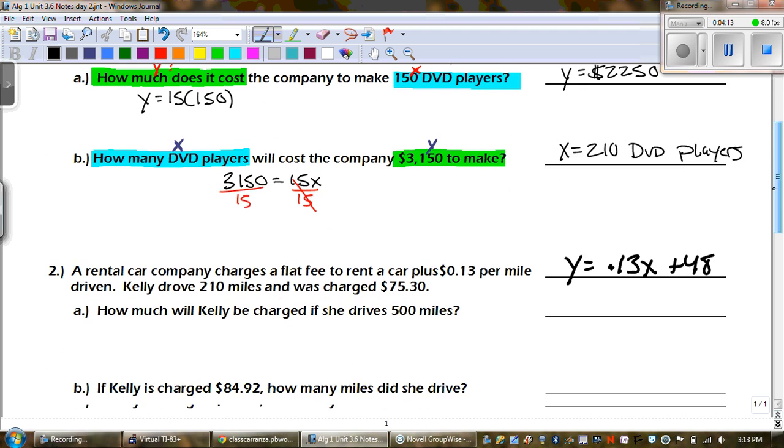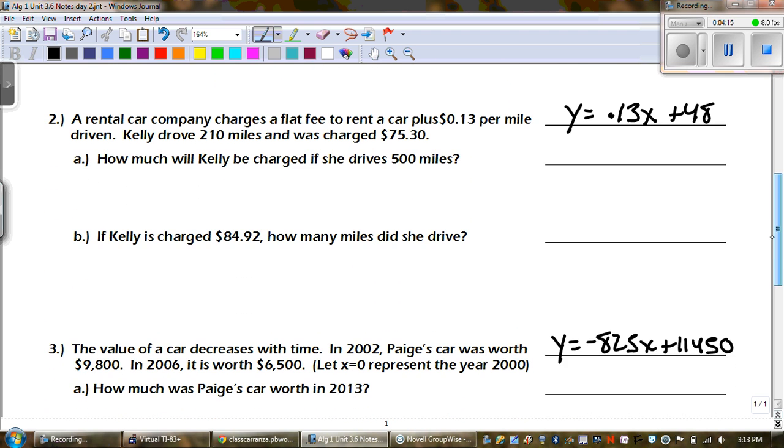All right. So, number 2, we're talking about the rental car company. That first part was the exact same as problem number 2. Now, how much will Kelly be charged if she drives 500 miles?